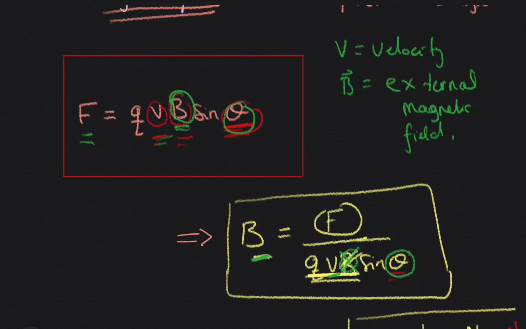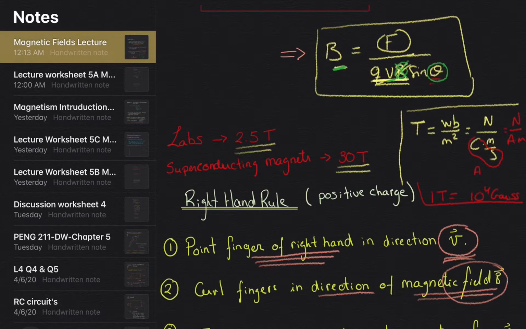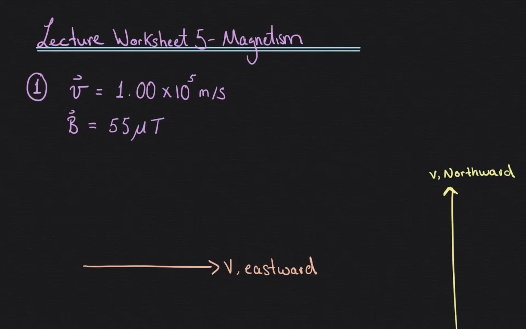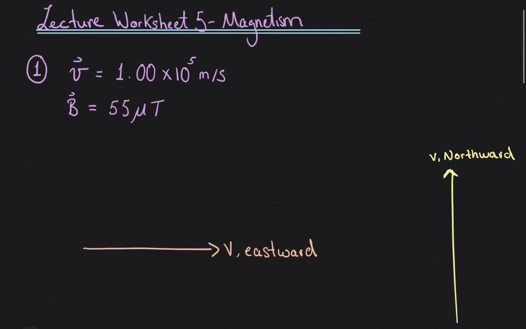All right, so let's do question number 1 and question number 2 in this lecture worksheet 5. Question number 1 is quite simple because we're going to plug in the values that we have into the equation, but we have to practice this right-hand rule to get the correct directions.